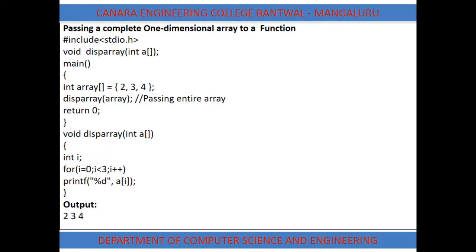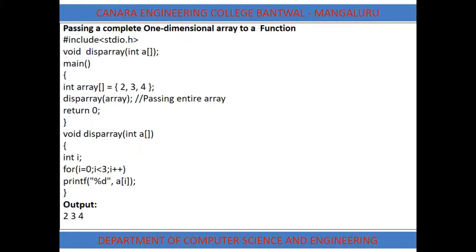Now we will see how to pass a complete one-dimensional array to a function. Again #include <stdio.h>. Then void display, the same display function. Now int a[], I use the square brackets here indicating that it is going to accept the entire array as such. Next, main, then int array[] = {2, 3, 4}. Again I have declared and initialized an array with values 2, 3, 4.